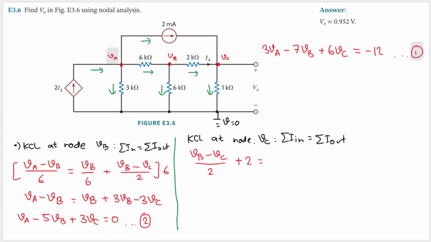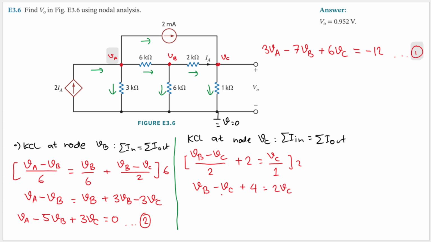And that will equal VC minus 0, which is VC divided by the resistance between them, which is 1 kilo ohm. Good. Now multiply both sides by 2. So we will have VB minus VC, then plus 4, and that will equal 2 VC.